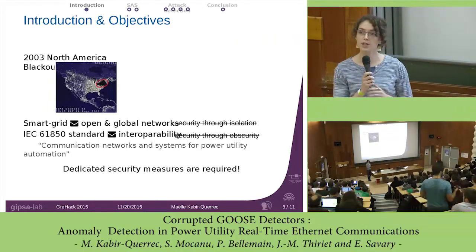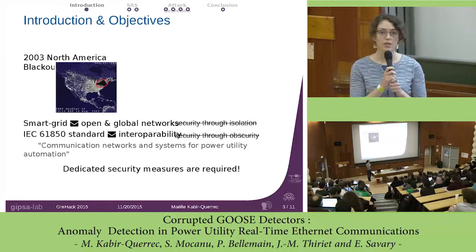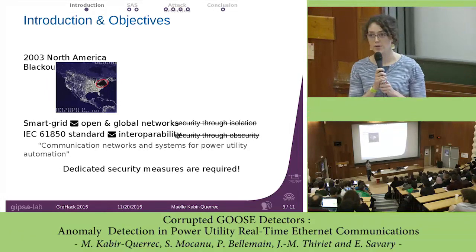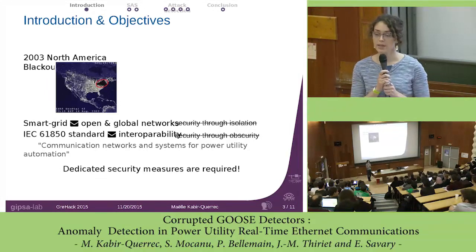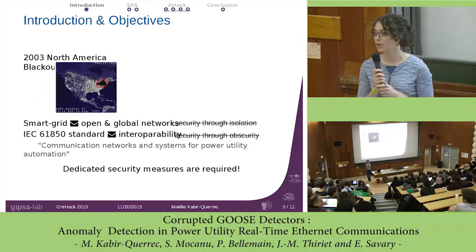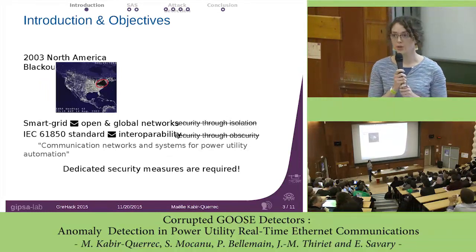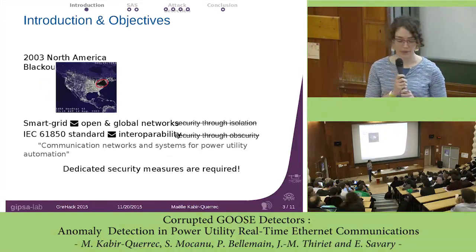So this was not a malicious attack, it was an accident, but I chose this example to show how cyber vulnerabilities can impact the power grid infrastructure. Such a failure is possible because ICT, information communication technologies, are key to monitoring and control of the power grid.